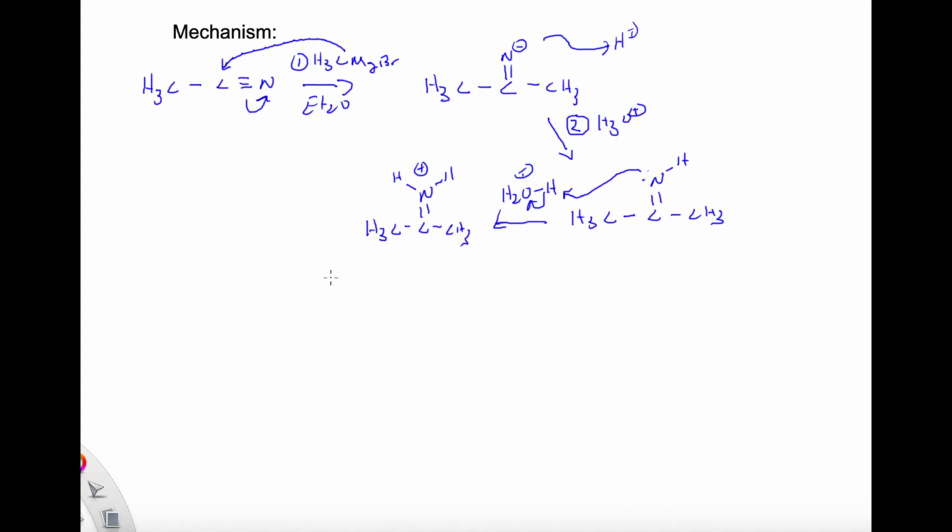Right, and so basically now you can see at this point something that should be recognizable to you. Again, we're now switching from the base to acid, and so we've got this activated imine ion that allows for the water nucleophile to come in and attack at that carbon.